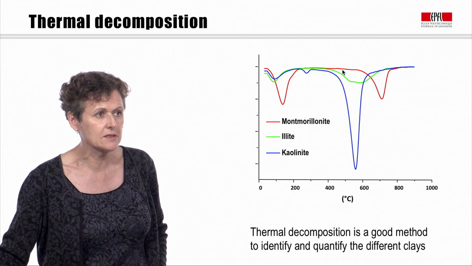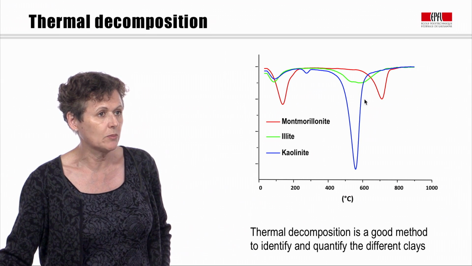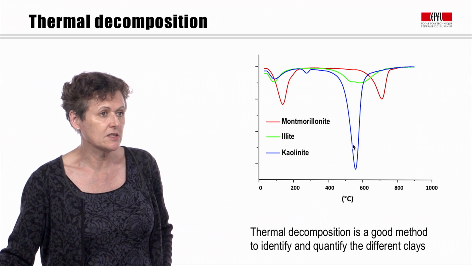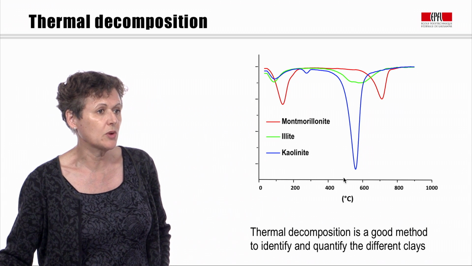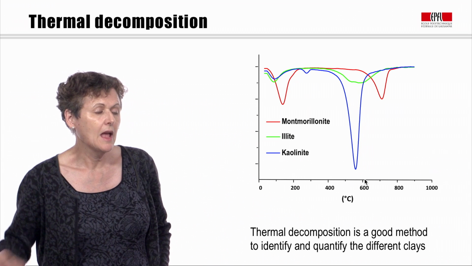And we can see that these different clay types have dehydroxylation in different temperature ranges. The clearest dehydroxylation is this one here for the kaolinite, which occurs between about 450 and 650 degrees.